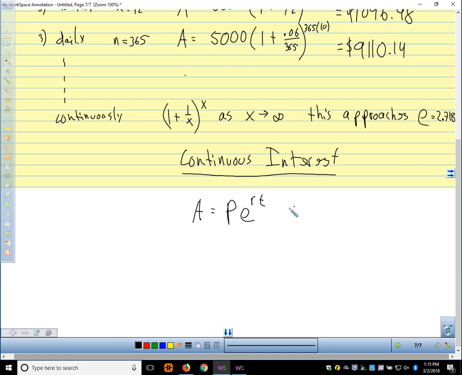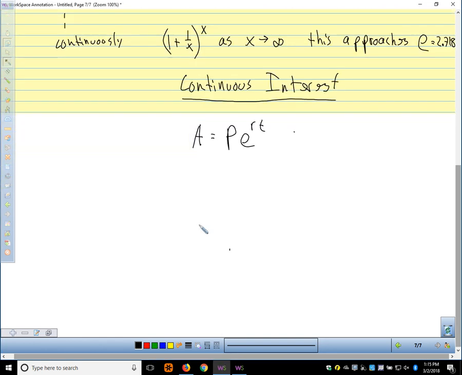Usually students remember PERT. So in this example, our amount would be 5,000 e to the 0.06 times 10.